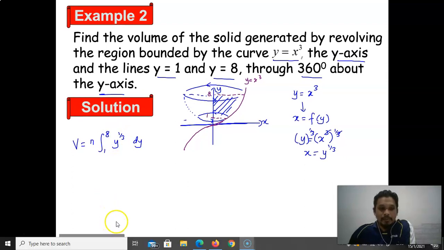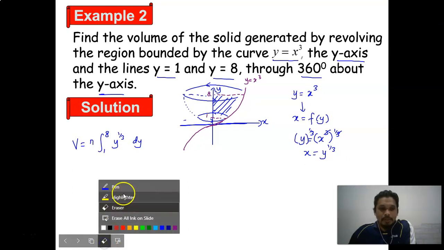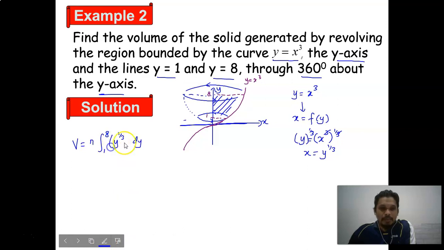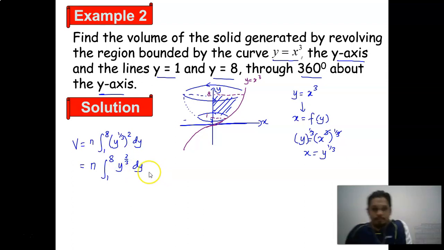Okay, then we don't forget that we square it here. Then now pi integral from 1 until 8, and 1 over 3 times 2 is y to the power of 2 over 3 dy.